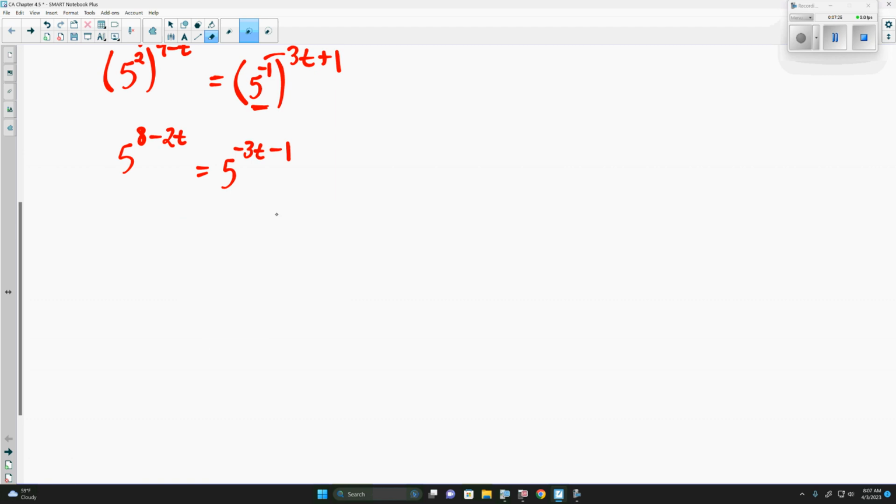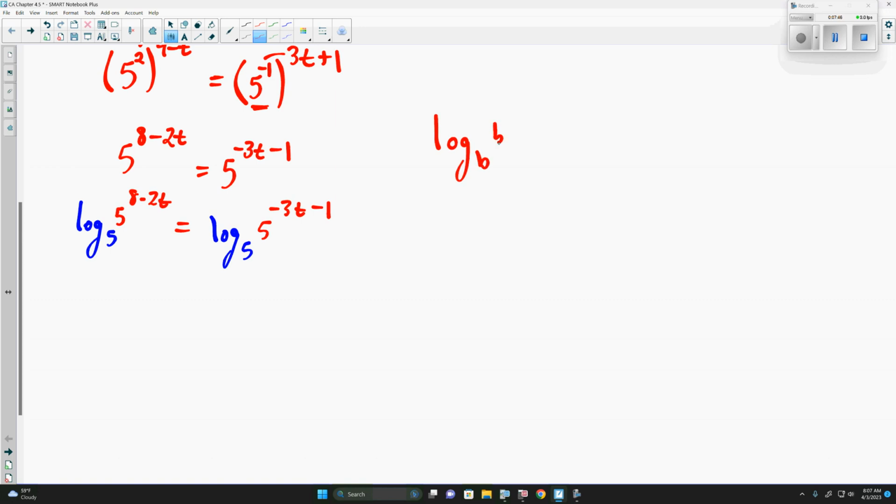is that really at this step here, what we're doing is we're applying log base 5 to both sides. Because of our property that we had earlier, log base b of b to the x is equal to x.